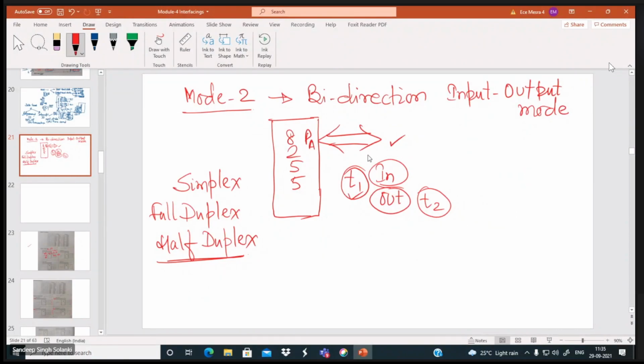Now my next question to you: what do you expect on the other side as the peripheral of the 8255? Which type of peripheral do you feel will require this kind of communication, input as well as output?